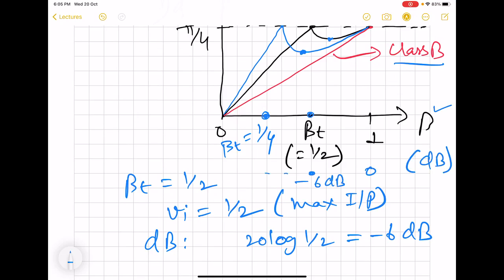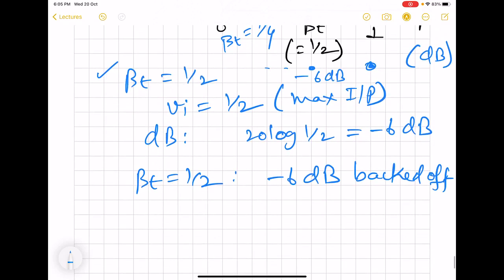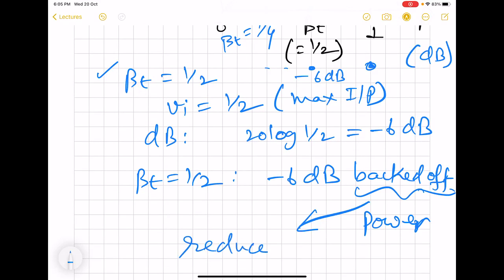So we say that for beta t is equal to 1 by 2, the input power is reduced by 6 dB, or input power is backed off by 6 dB. So beta t is equal to 1 by 2 is also called minus 6 dB backed off power. You can see that backed off is a synonym for reduced.